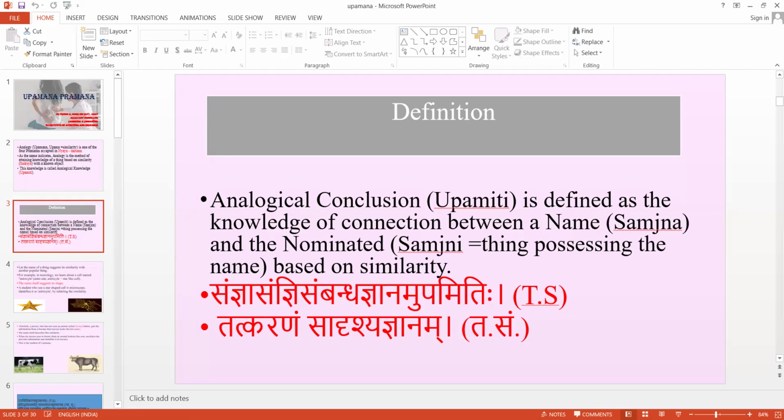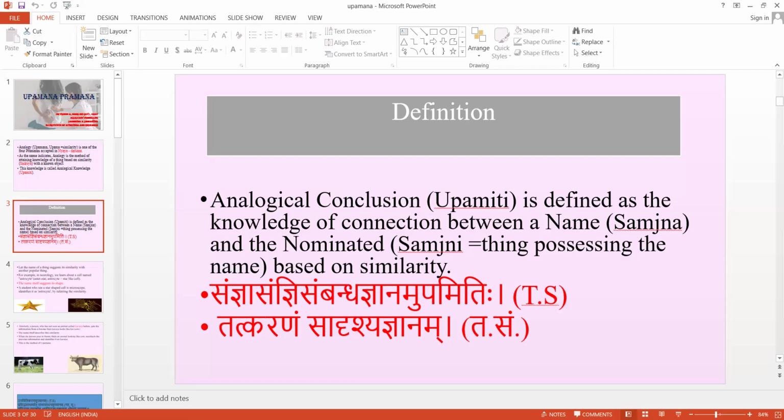Using the known name of an object, you are getting the knowledge of an unknown object's name.